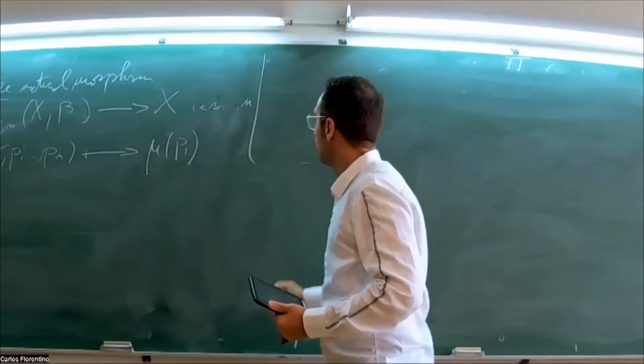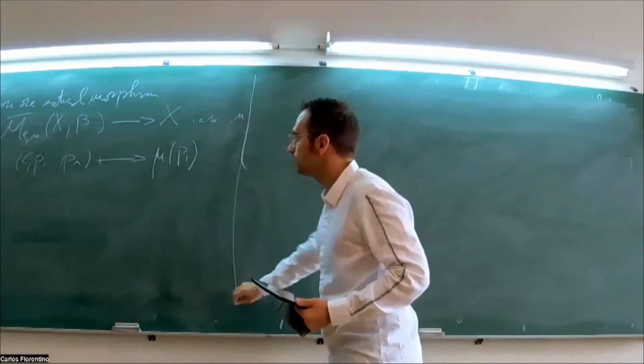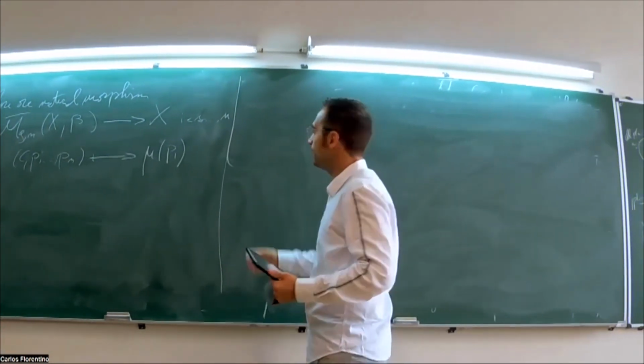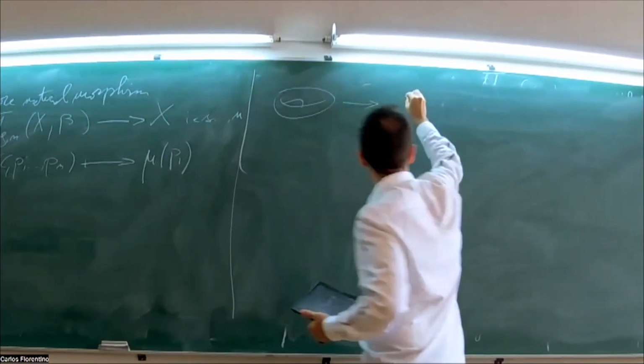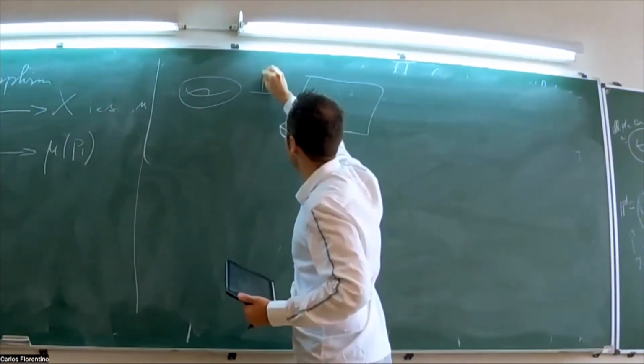So, I have a functor with a coarse moduli space that parameterizes objects of this type.